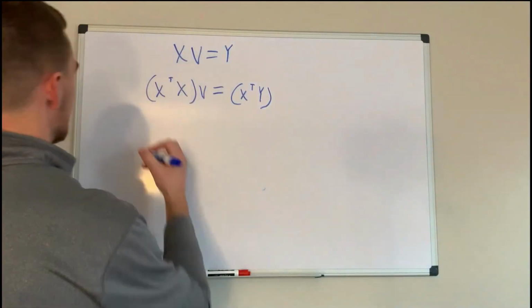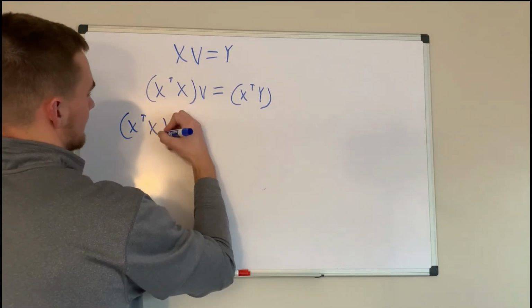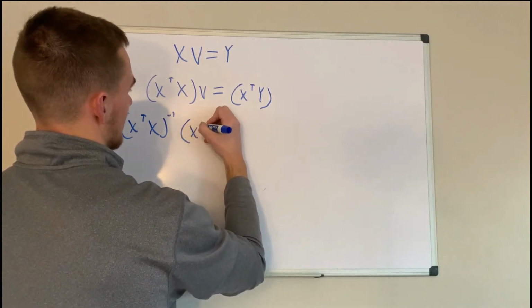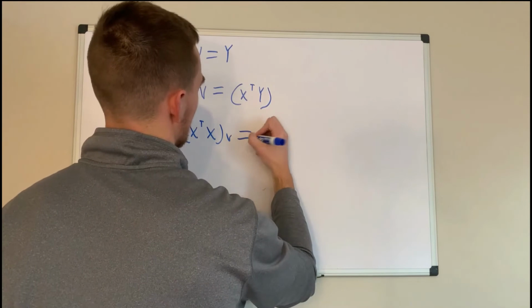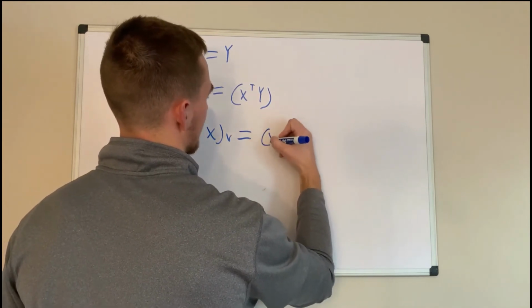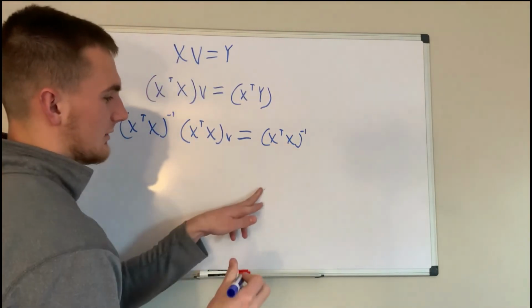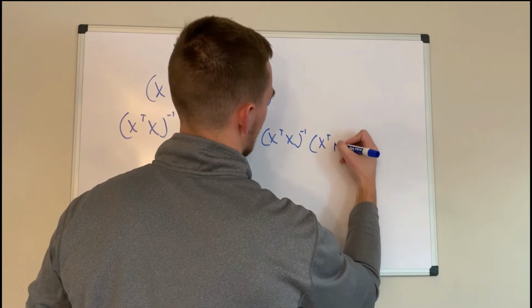So taking the inverse, we'll have (X^T X)^-1 times X^T X times v equals (X^T X)^-1, again the inverse, times X^T y.